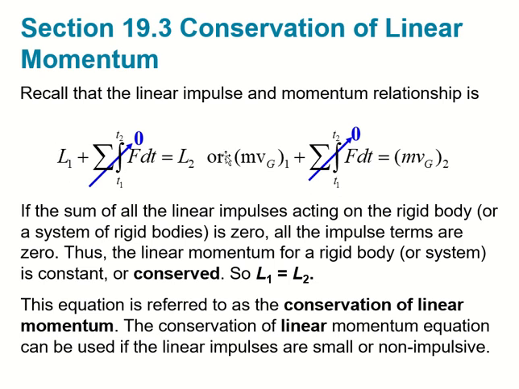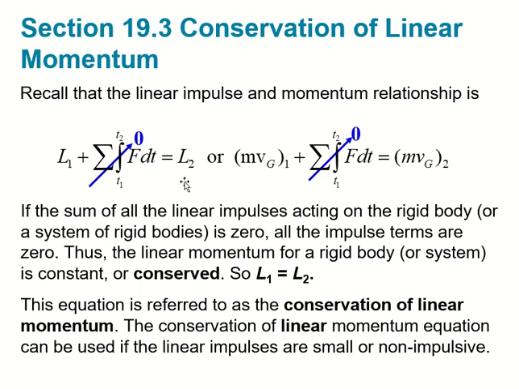Or you have to just add it up. That's all you see. Of course, you can write the linear momentum in this way with a regular velocity right there. Your initial we put 1, final we put 2 right here. And this can be 0 in some situations, like this. So if the sum of all the linear impulses acting on the rigid body is 0, the impulse terms are also 0.